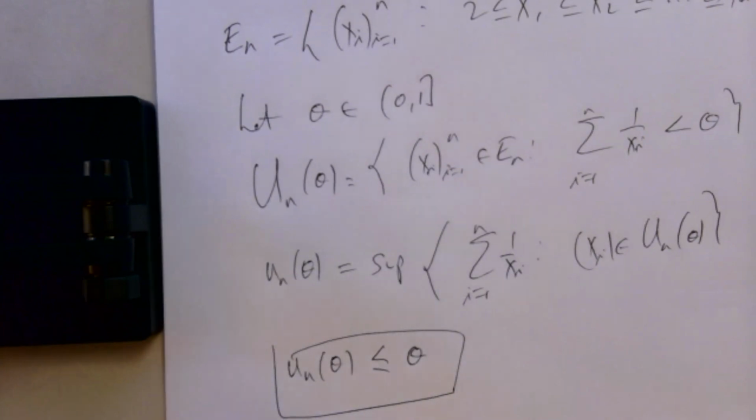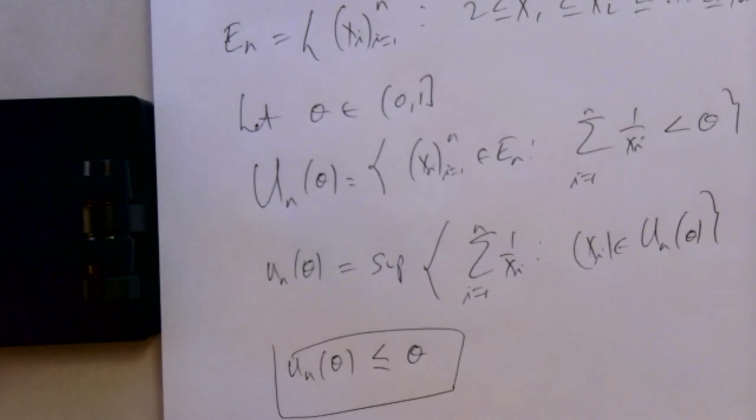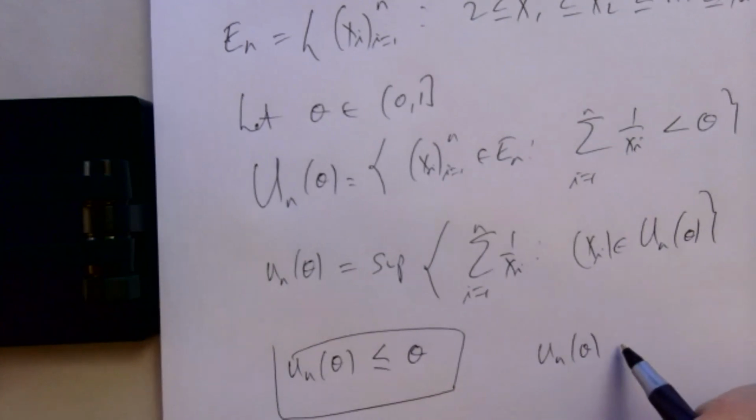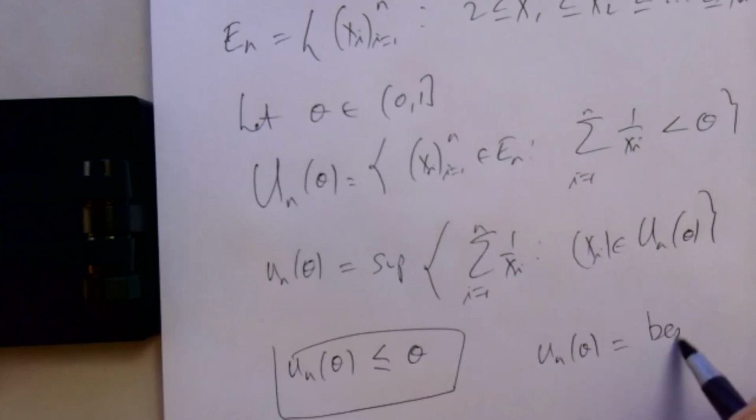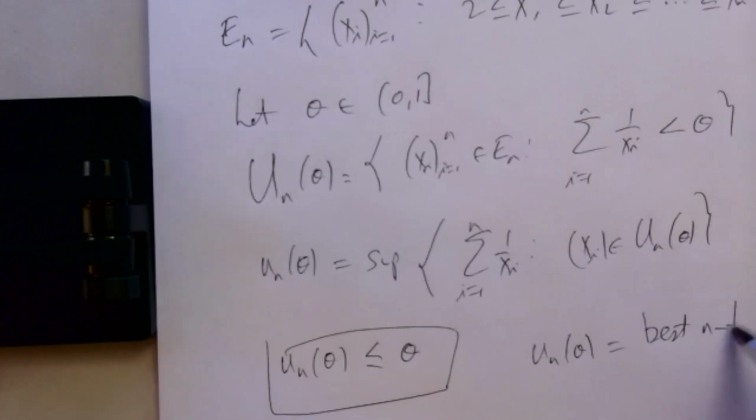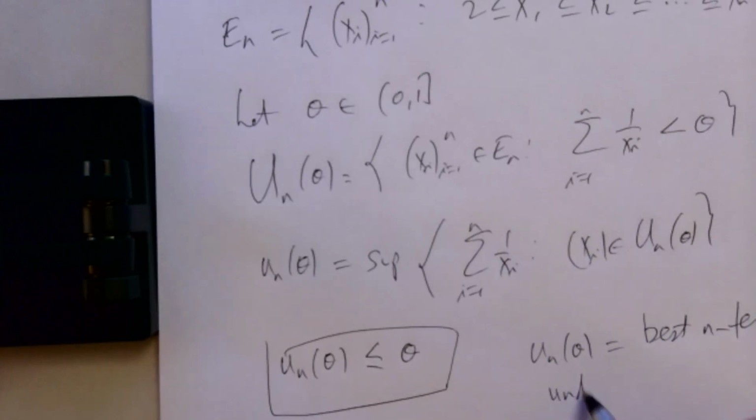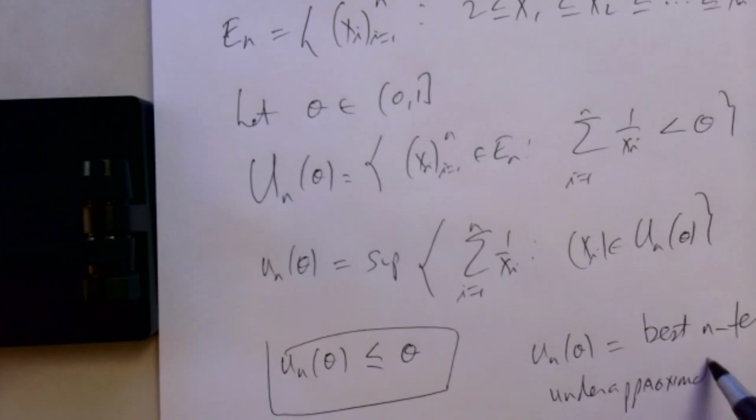And the theorem says that never happens. So the theorem says, oh, and so we call u sub n of theta the best n-term Egyptian underapproximation to theta.